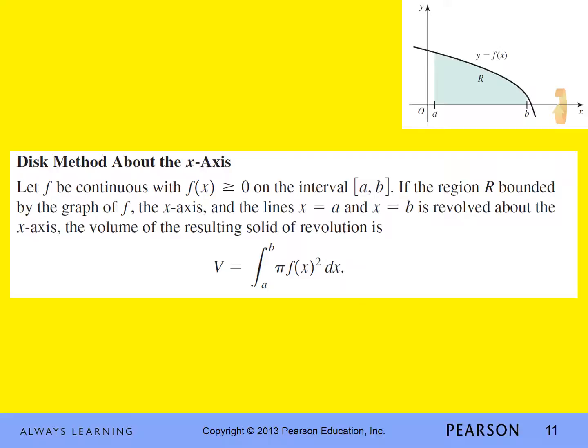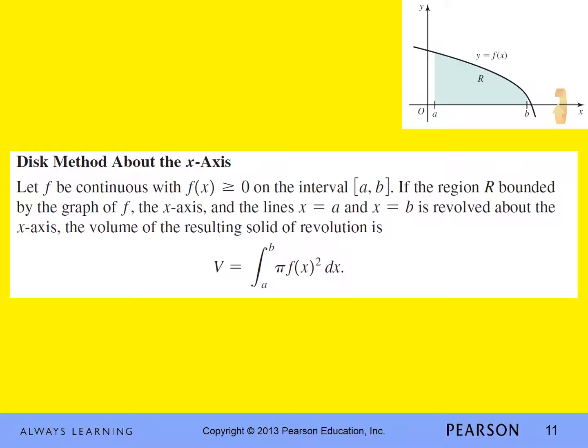And so a special case of the general method of slicing is the disk method about the x-axis. Let f be continuous with f of x greater than or equal to 0, so we're at or above the x-axis, on the closed interval [a, b].